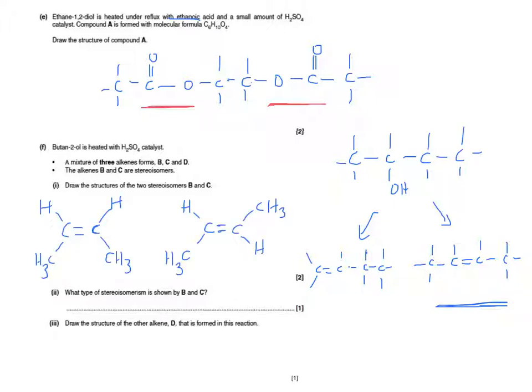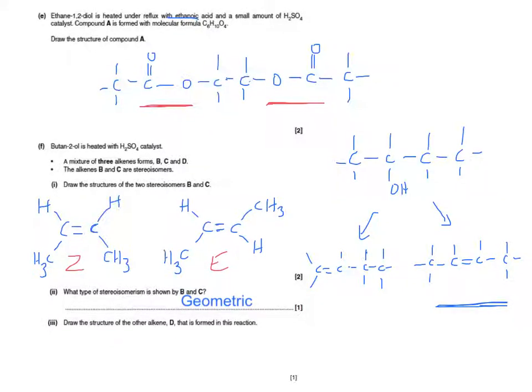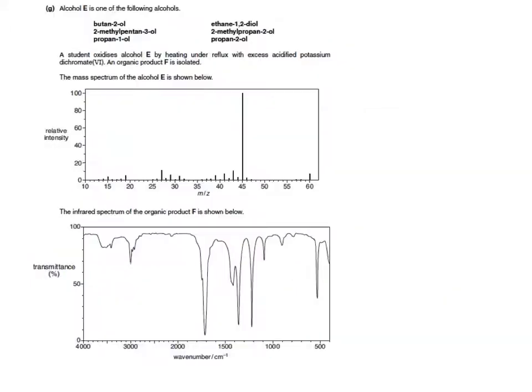So these are the stereoisomers, and this is the E version and this is the Z version. This type of isomerism is geometric isomerism, and in the last question the other isomer that they asked for is this one, drawn in this space.